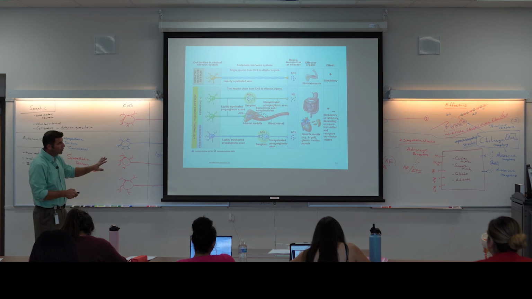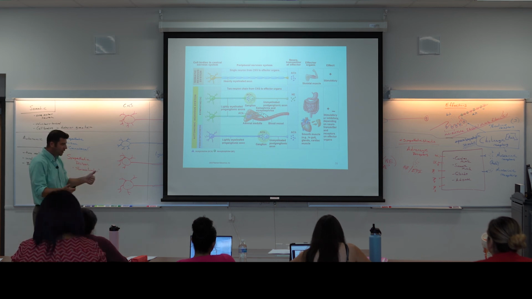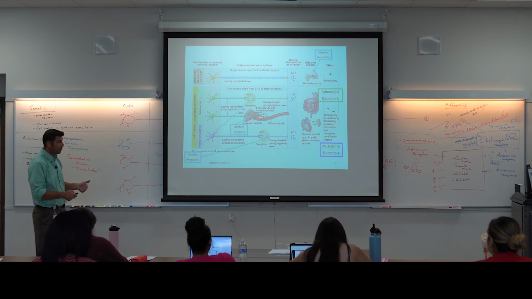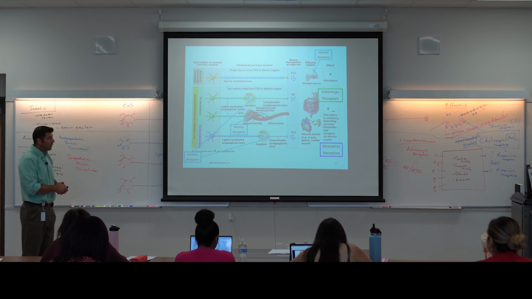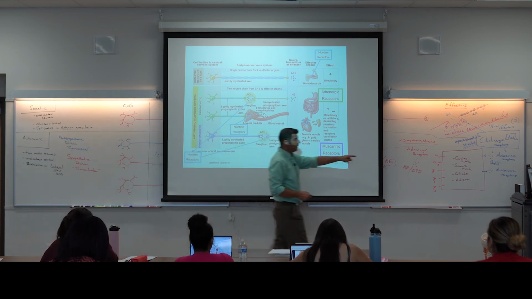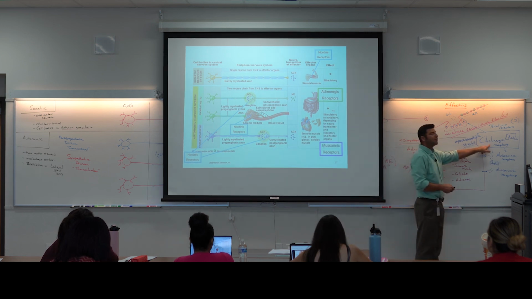So what I want to add to this are muscarinic receptors, nicotinic receptors, and then adrenergic receptors. Maybe we just did it there. Remember, nicotinic receptors are found in three places. I tried to put them in a blue color because this signifies they belong to the cholinergic class of receptors.